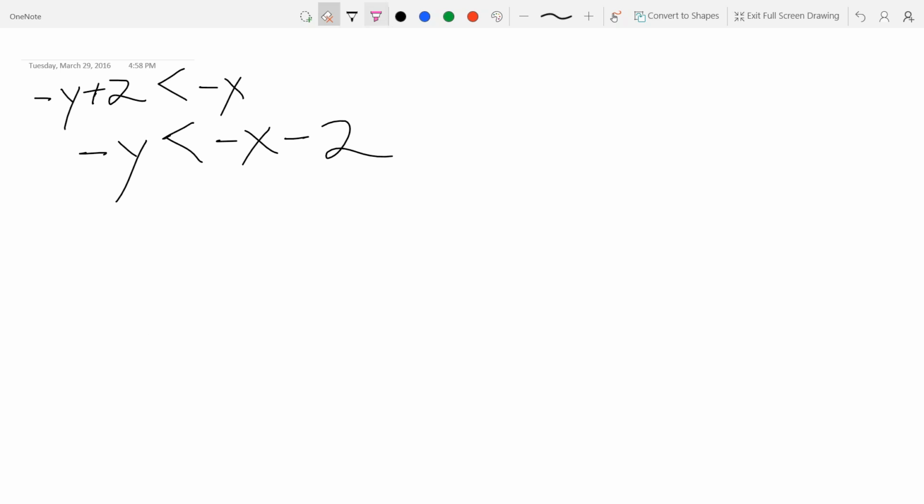What does? What can I do to this thing to get just y? What's currently multiplied by -1? Correct. Or I would probably say divide by -1. Okay, so read me the next line.